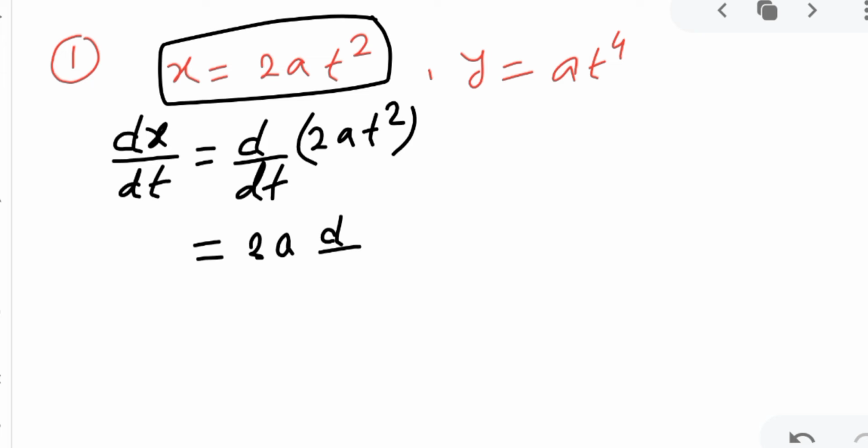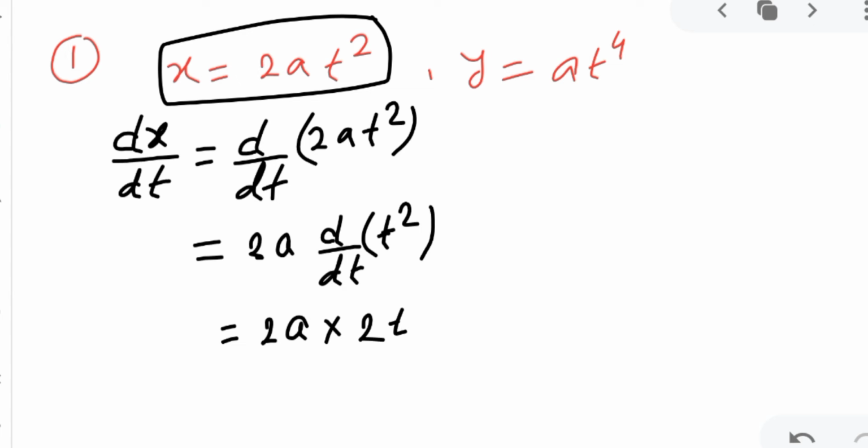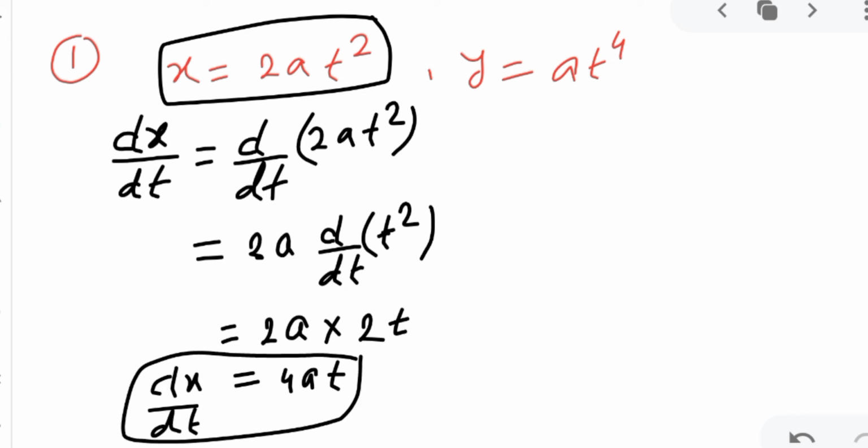Then the derivative of t square with respect to t is 2t. So it will be 4at. So dx upon dt I found as 4at.